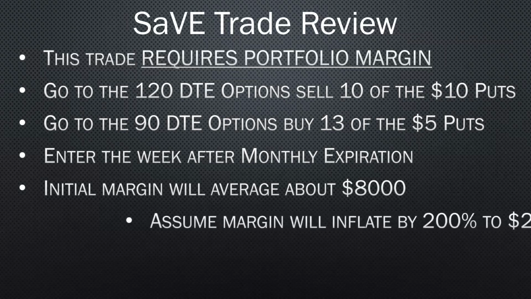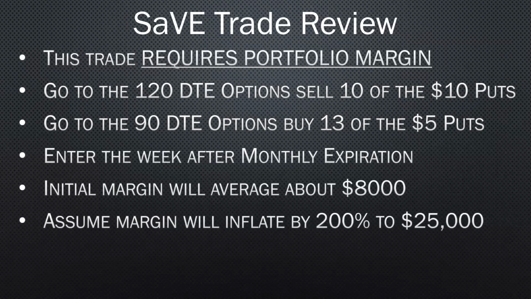So we're going to assume the margin will inflate from 8,000 to maybe 16,000. I have seen that happen on a number of occasions, but I have allocated $25,000 just in case I need extra buying power to help this trade along. I've never had to do that, but I keep it aside just in case.